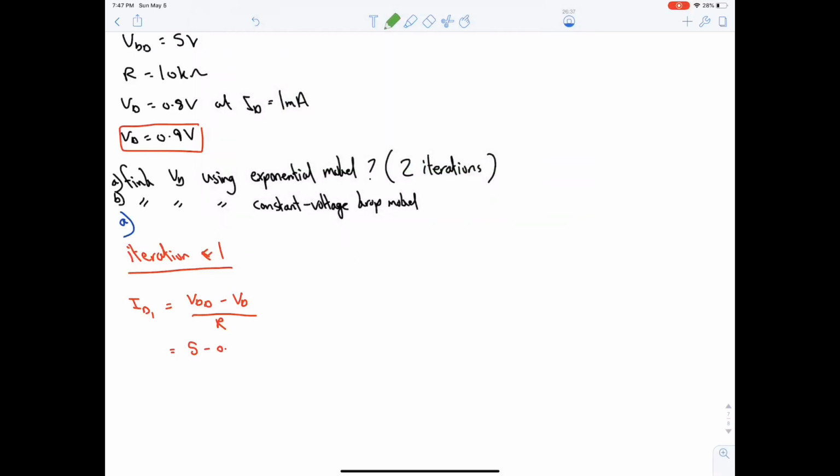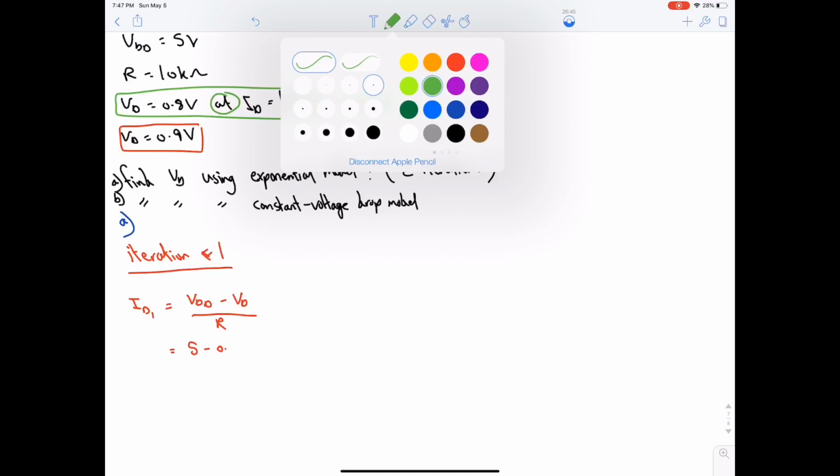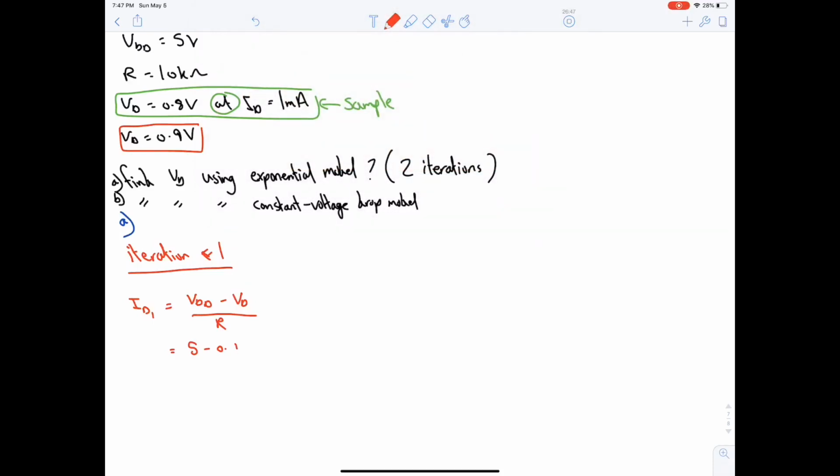This is the sample, because it has an at. So it's 5 minus 0.9 divided by 1K, and this will result in 4.1 milliampere.